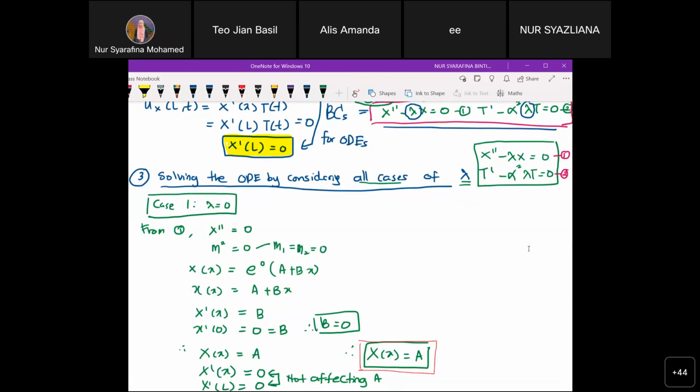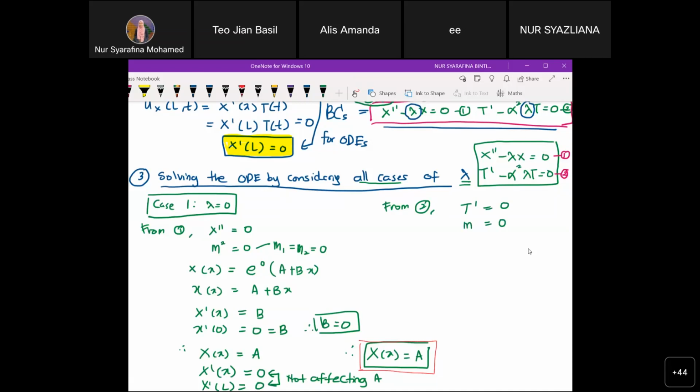Then we can proceed with finding the solution of t. Still in case 1. So now proceed with the second equation. From 2, when lambda equals 0, t prime equals 0. The characteristic equation will give you m equals 0.